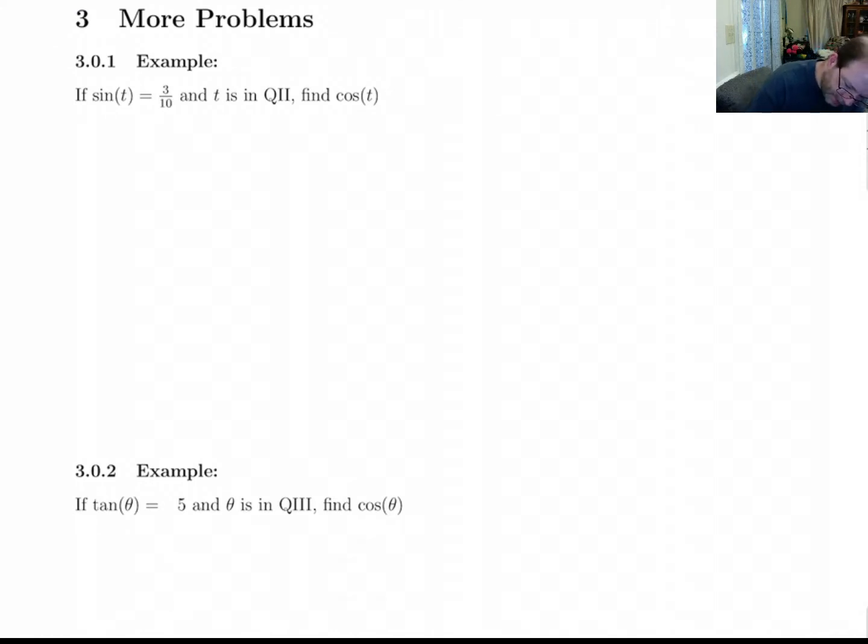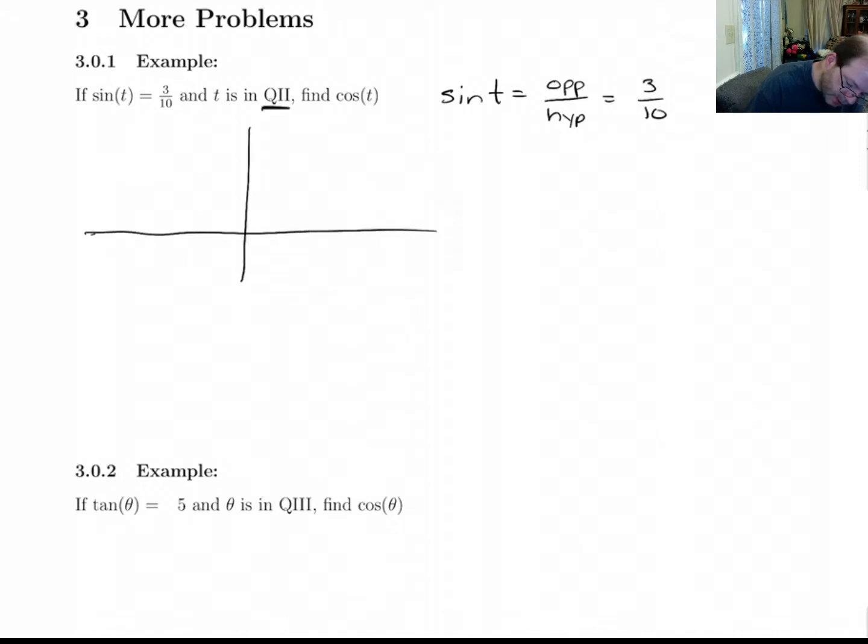Okay, so here's what we'll do. First up, sine of t, in terms of the size of the triangle, is opposite over hypotenuse. And we're given here that this is 3 over 10. All right, so I've got to draw this. And notice it says we're in quadrant 2, so I'm going to draw my triangle into quadrant 2.